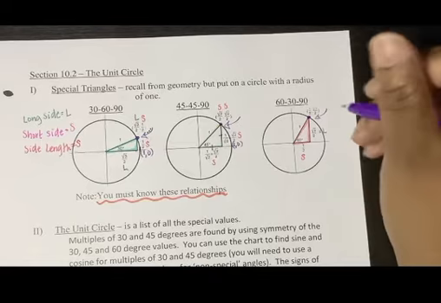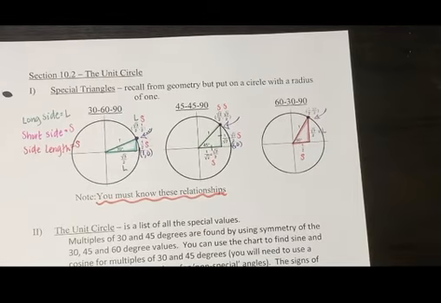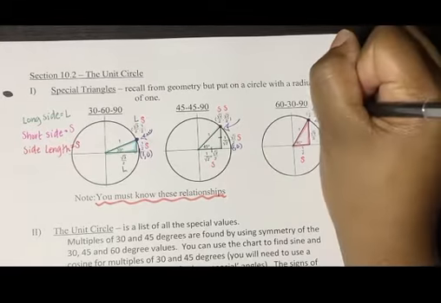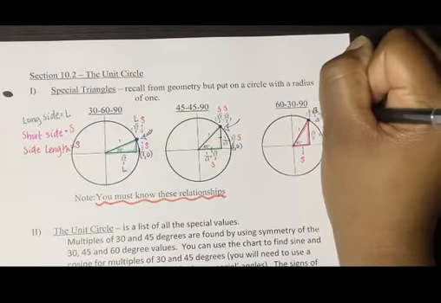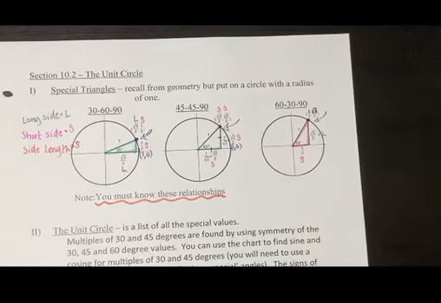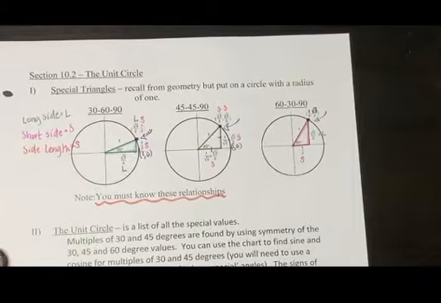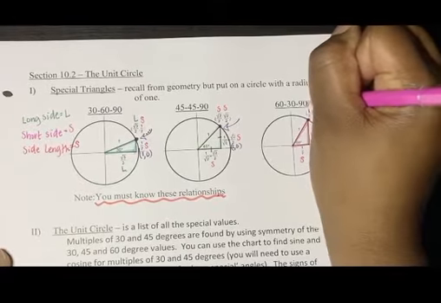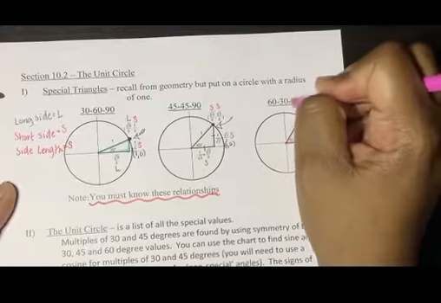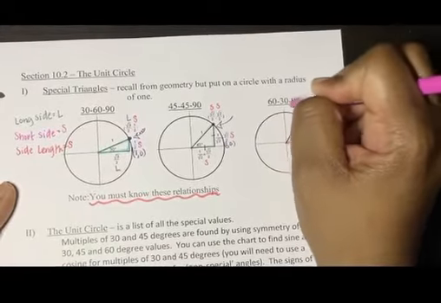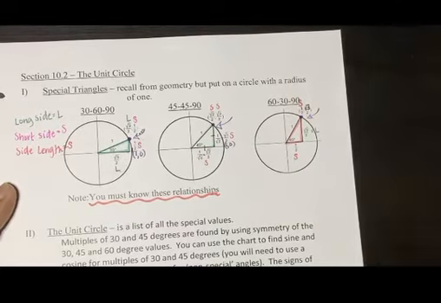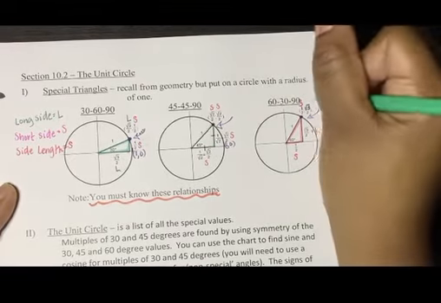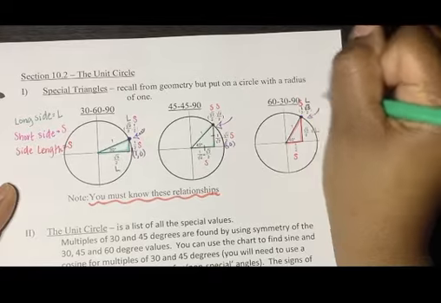I'm going to adjust the values because you can barely see that. So this is supposed to be the square root of 3 and 1. In this case, it's going to be the short side and then the long side.